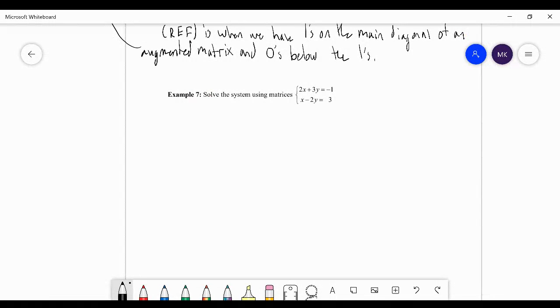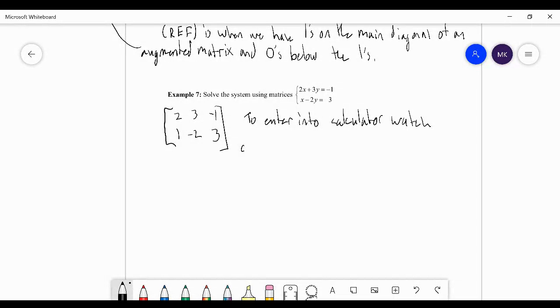Okay, so solve this system using matrices. We've already converted this into a matrix, so let's just do that again real quick. So we get 2, 3, -1, 1, -2, 3. Now, to enter this into our calculator, watch the calculator video.